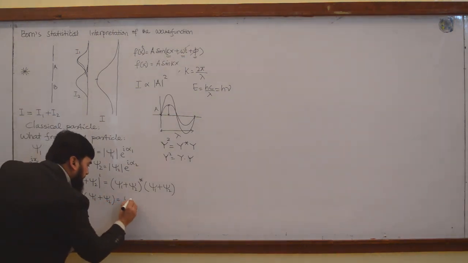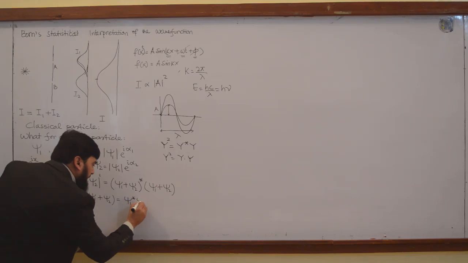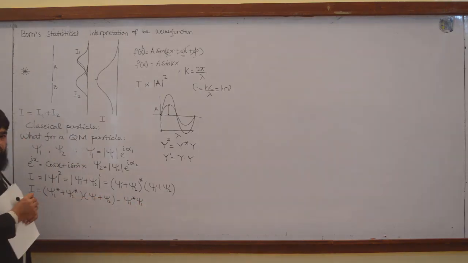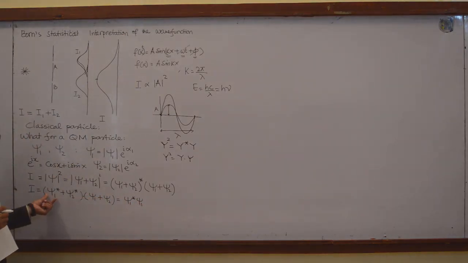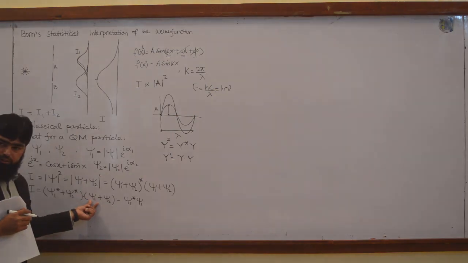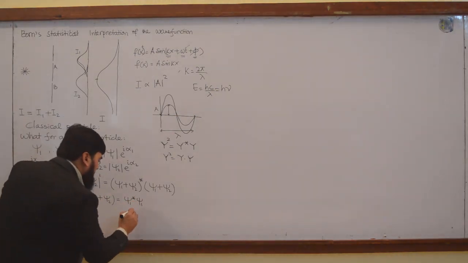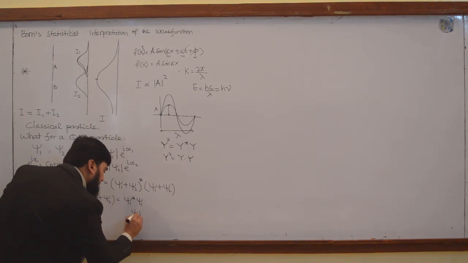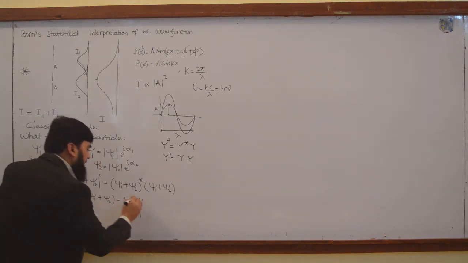Psi 1 conjugate with psi 1. What will it be? You multiply this with this. It will become psi 1 mod square.